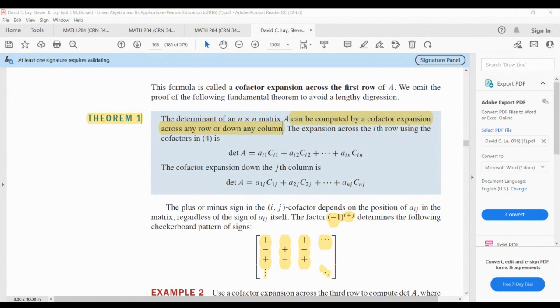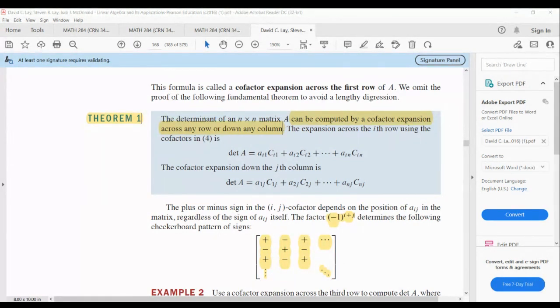The entry at the top left is in the first row, first column, so that's going to have a plus for the -1 to the 1 plus 1 power. If you move down, you would be in the second row, first column. So -1 to the 2 plus first power is -1 to the third. That's -1, and that's a negative. So it's just a nice way to remember the negatives and positives, that little chart there.